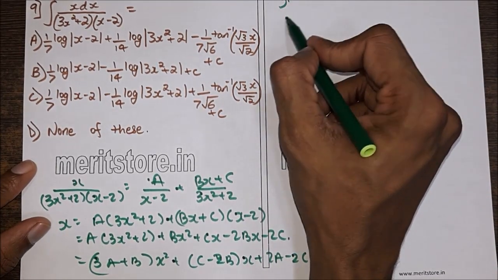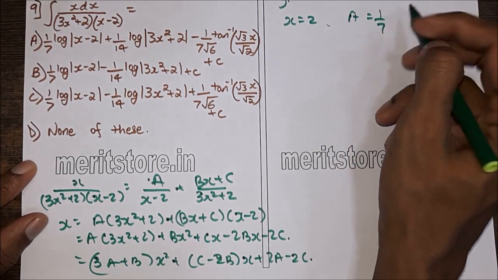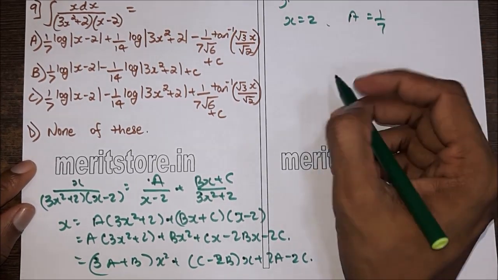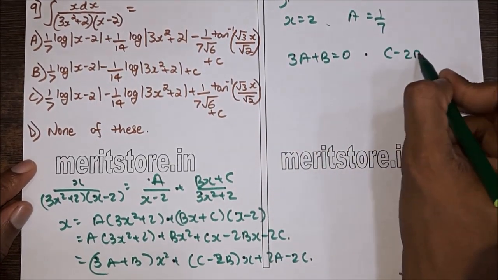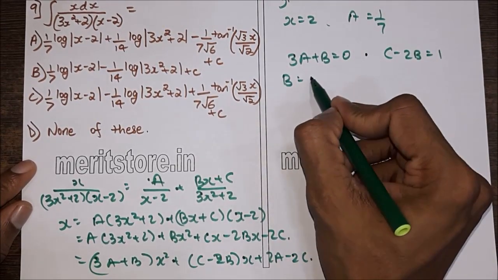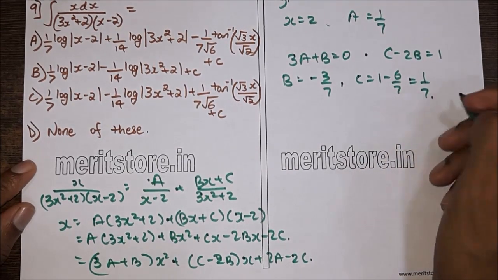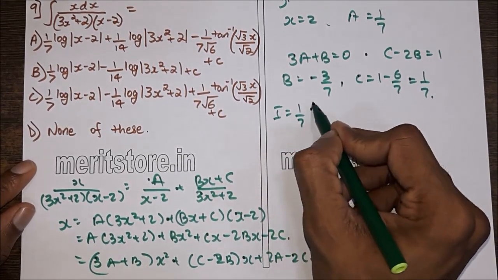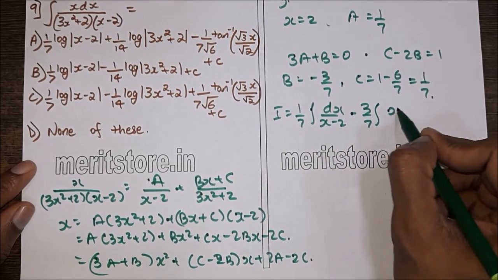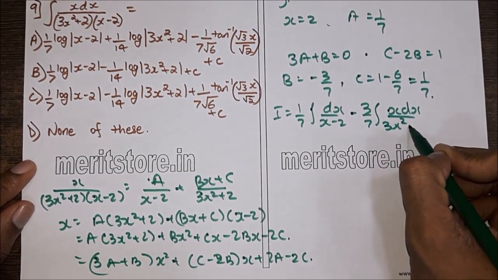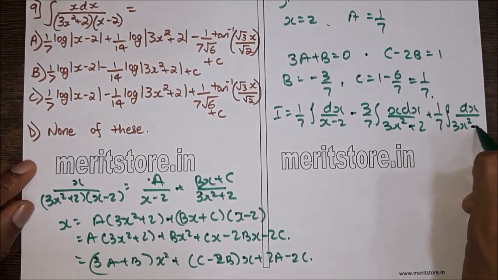If x is equal to 2, we get a is equal to 1 by 7. Comparing the coefficients of x square and x, we get 3a plus b equal to 0 and c minus 2b equal to 1. So we get b equal to minus 3 by 7, c equal to 1 by 7, where we get I equal to 1 by 7 integral dx by x minus 2 minus 3 by 7 integral x dx upon 3x square plus 2 plus 1 by 7 integral dx upon 3x square plus 2.